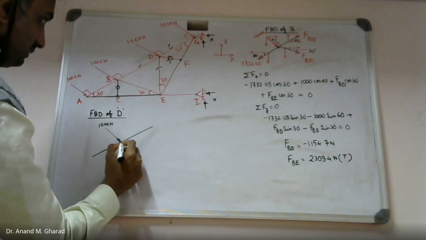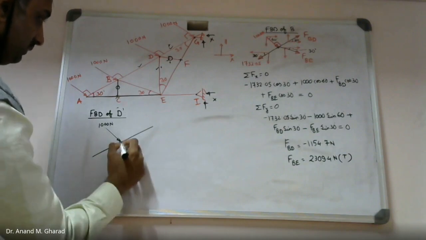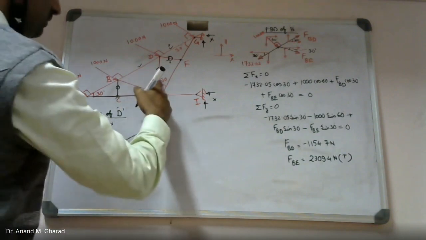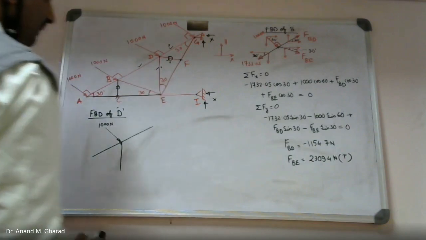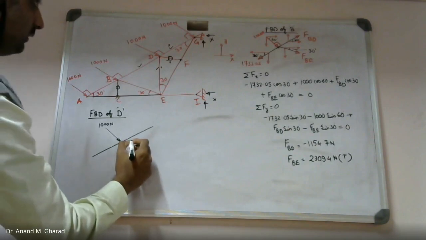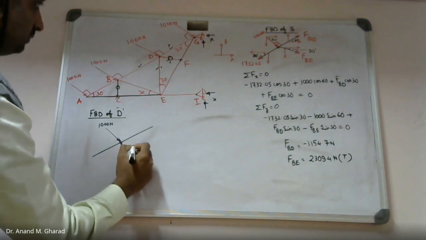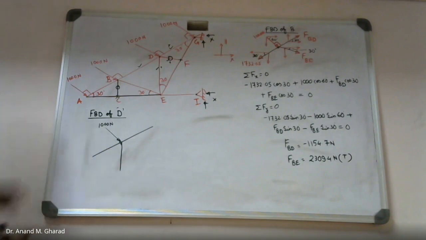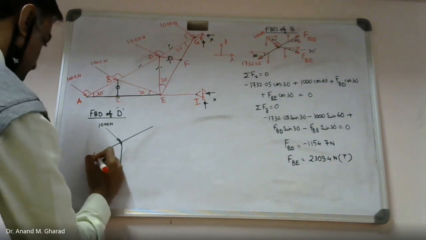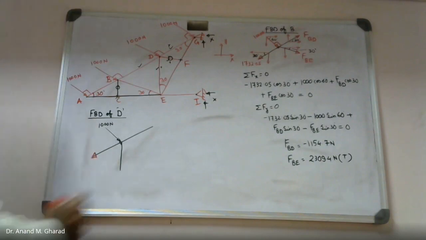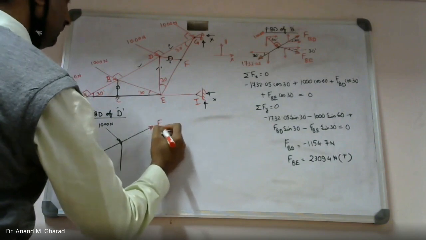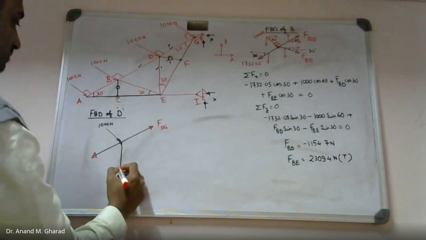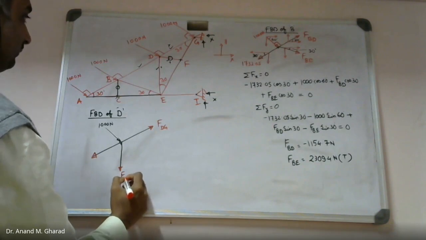Then this member whose inclination is actually 30° with this, okay, and this is 0, fine. So this will be compression as what we have found out. So compression is this arrow. Then this, let me consider this to be tension, force in member DG, force in member DE.